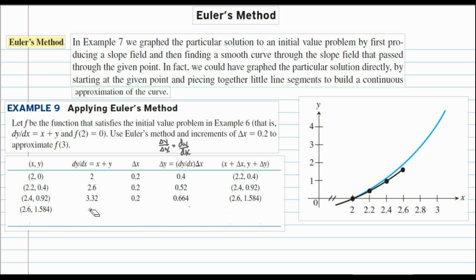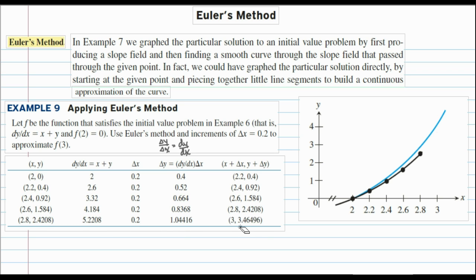Now we take that point, find the derivative at that point, and use the change in y and change in x at that location to get our new point, 2.8 comma 2.4208. And then finally, at 2.8 comma 2.4208, dy/dx is 5.2208. Delta x stays the same.